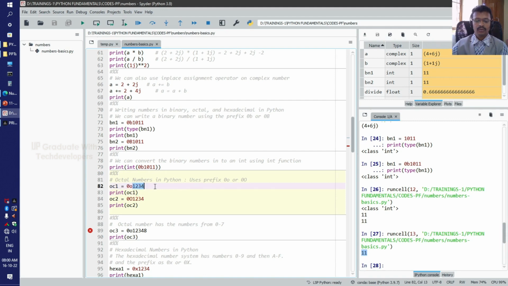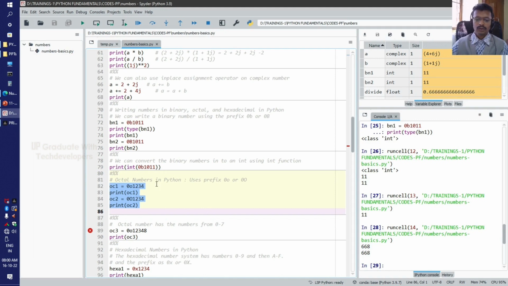Here I am using 1234 as a simple 4-digit octal number, and I am creating one with capital O for the same digits 1, 2, 3, 4. The integer value after converting this octal number is nothing but 668.